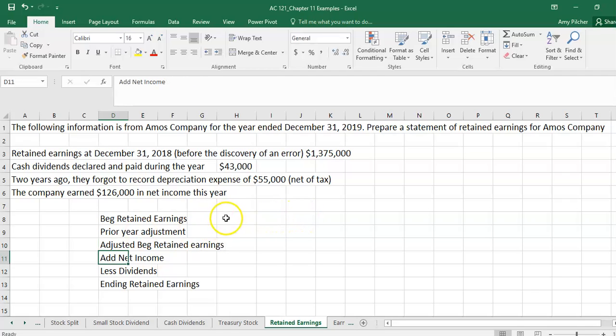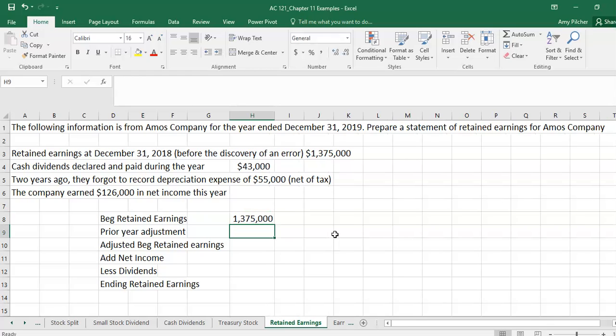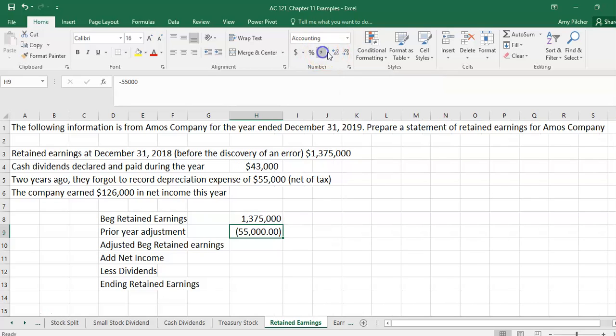So in this example, we start with prepaid beginning retained earnings of $1,375,000. We then see that 2 years ago, we forgot to record depreciation expense of $55,000 net of tax. That means they've already calculated for the income tax difference. So we need to subtract that expense. We would have had less income 2 years ago, the income that eventually got closed to retained earnings.